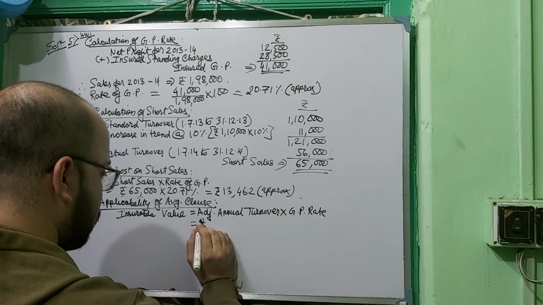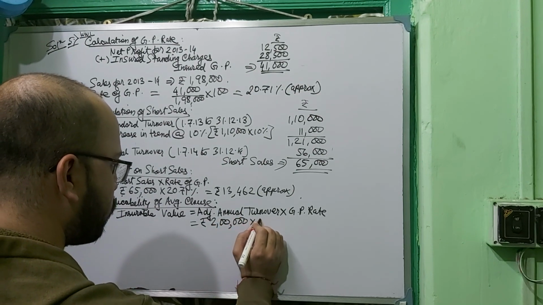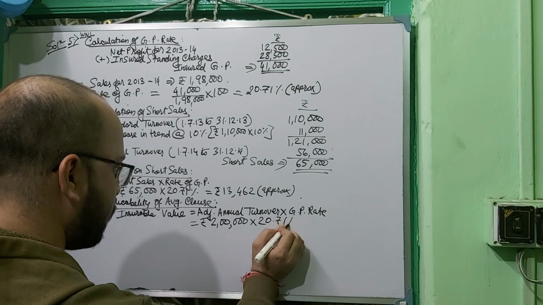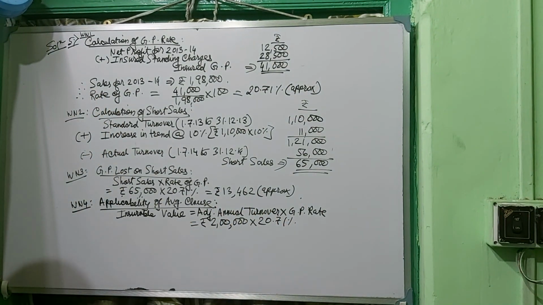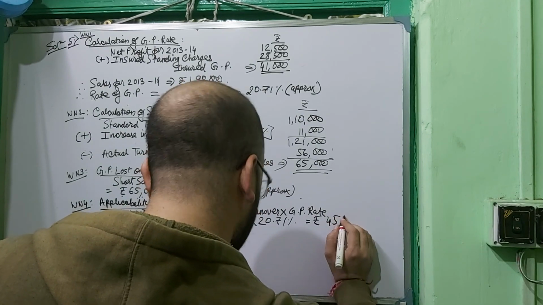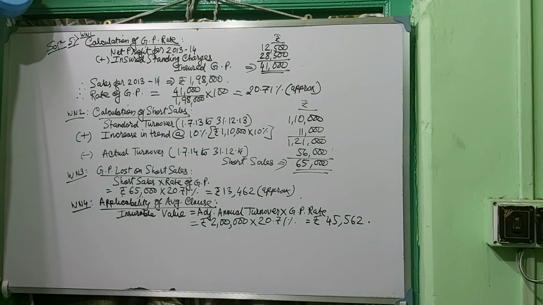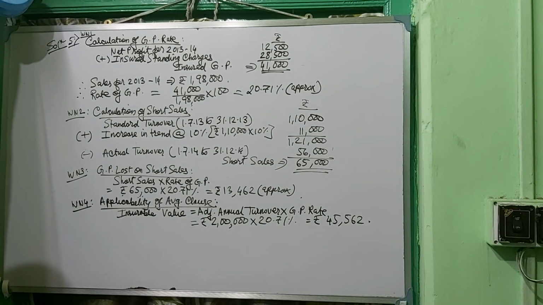So rupees 2 lakh into GP rate of 20.71% comes to 45,562.